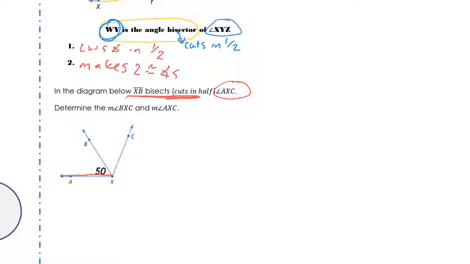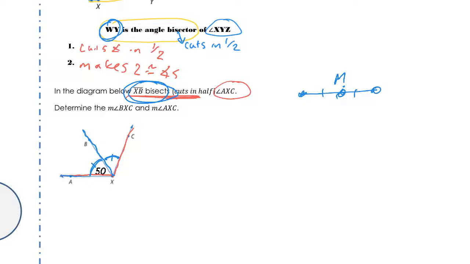So here's AXC. That angle is bisected by XB, so it cuts it in half. The symbol, kind of like with a midpoint, where we'd use tick marks to show they're equal, we could do the same thing with angles, a little tick mark through each angle, so they're equal.